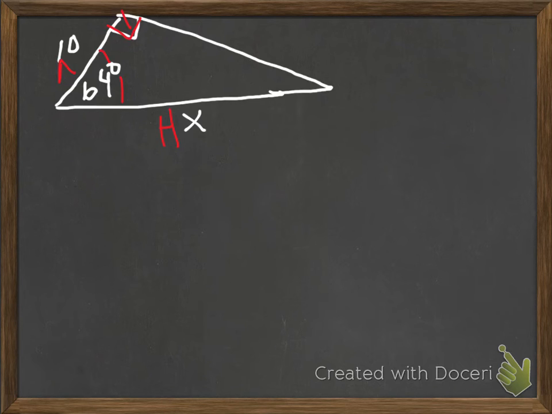Between that and the right angle is the adjacent side, and opposite that angle is the opposite side. We consult the Great SOHCAHTOA. We want to know the hypotenuse, and the one we know is the adjacent, so we're going to use cosine.